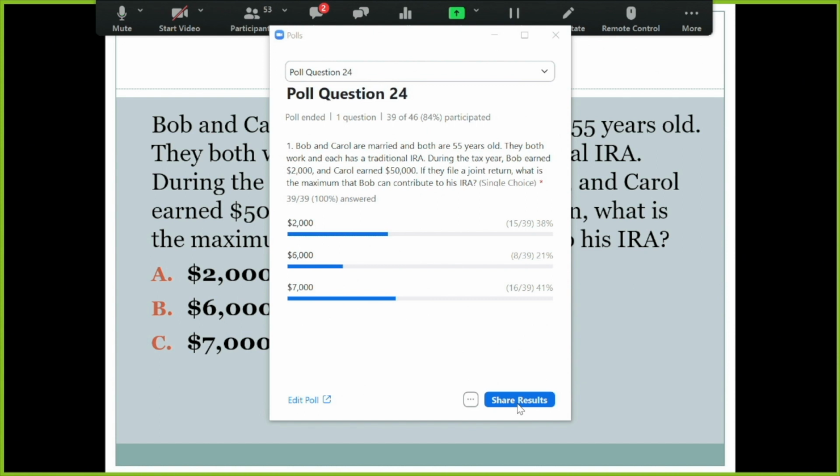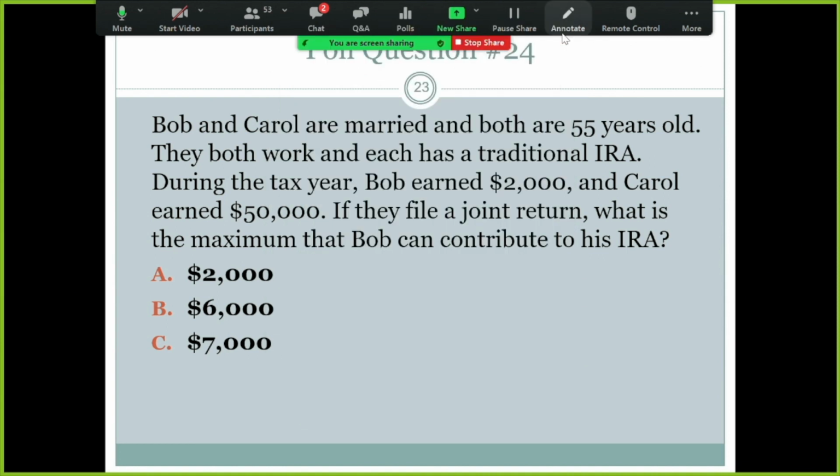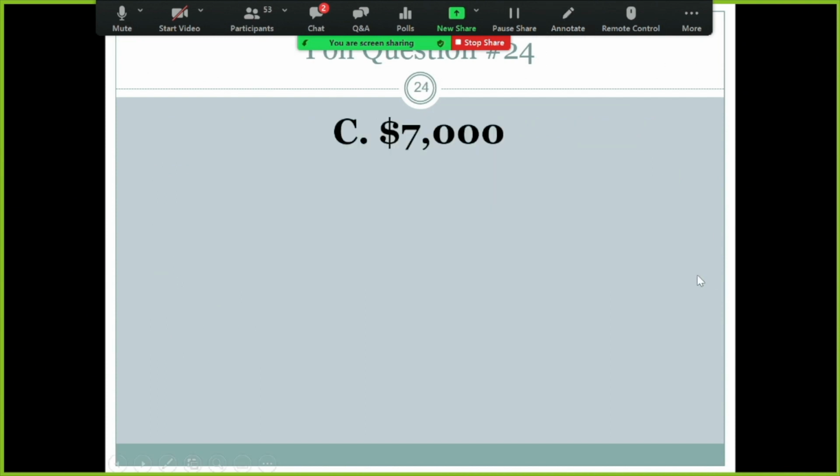The reason the answer is $7,000 is because they both are over 50, and the maximum amount that they can contribute with that stipulation is $7,000, and their earned income was over that amount. Okay? And the answer is displayed.